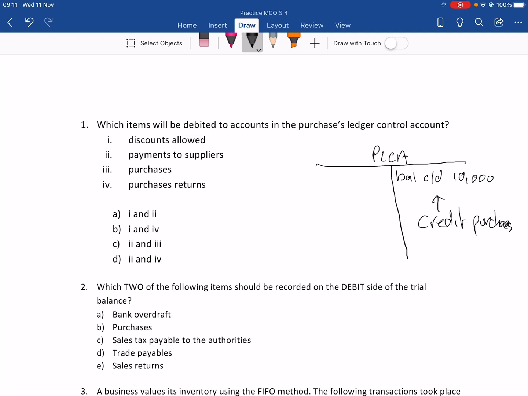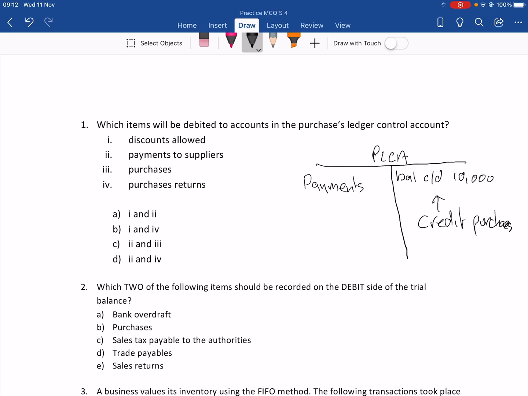Yeah. The other thing is what reduces the amount of money that we owe our suppliers. And it's quite similar to what we did with the sales ledger control account. So on the opposite side, what reduces the amount of money that we owe our suppliers? One of them is when we pay them, obviously. So therefore, payments to suppliers would reduce the amount of money that we owe them. Okay?